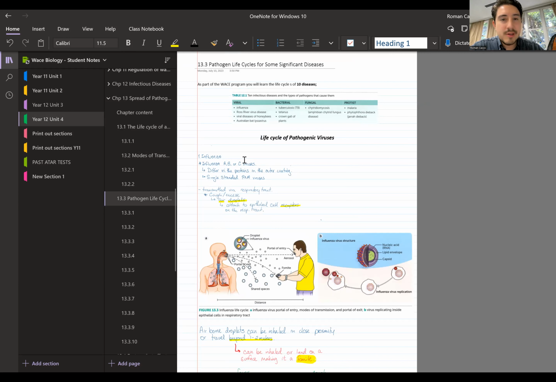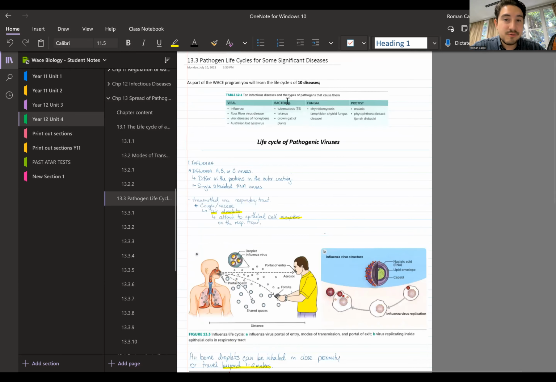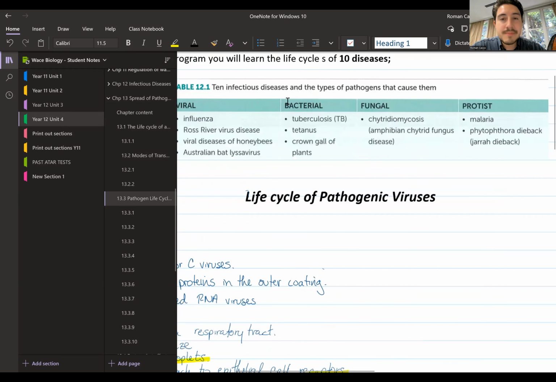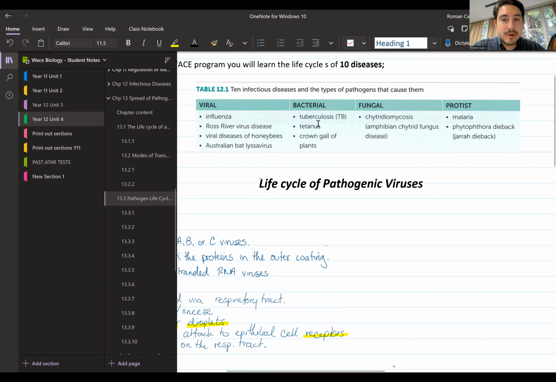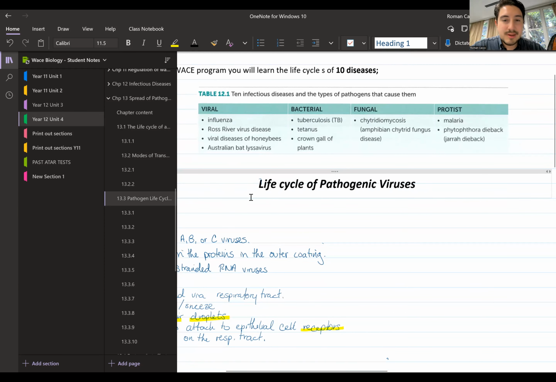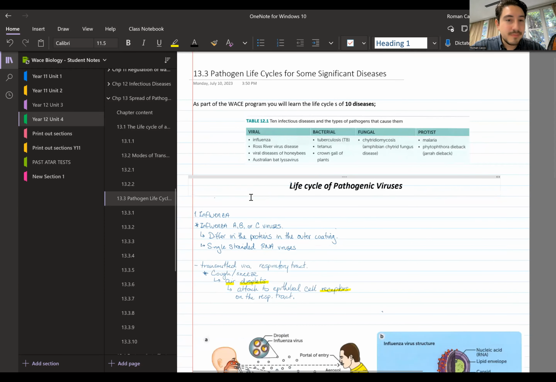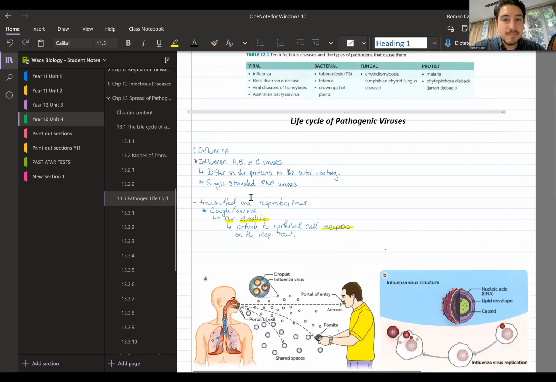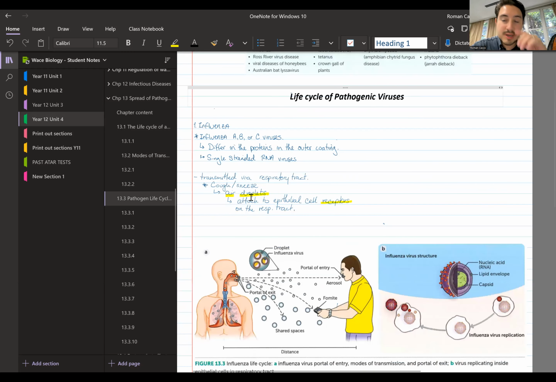Remember, you need to know 10 diseases for the WACE program, and we're going into much more detail in this section. It's something you need to learn, one way or another. You must memorize this for the ATAR test.